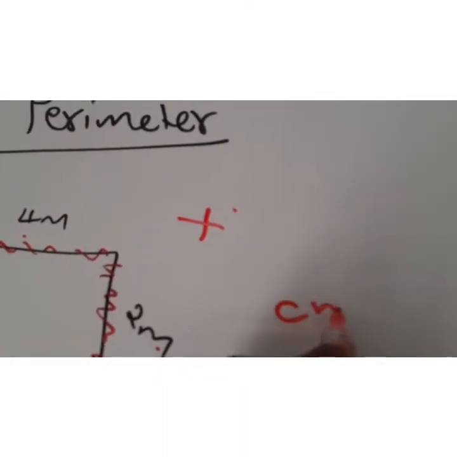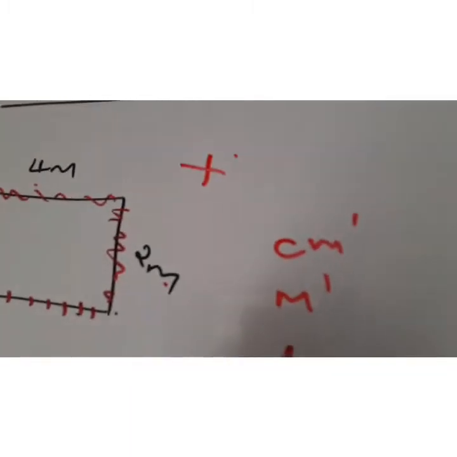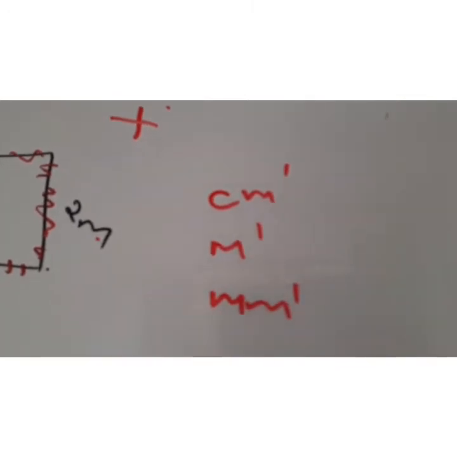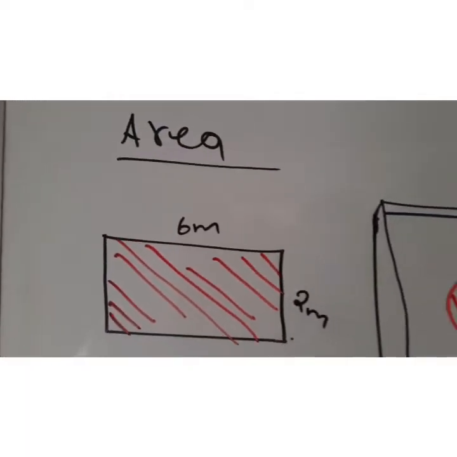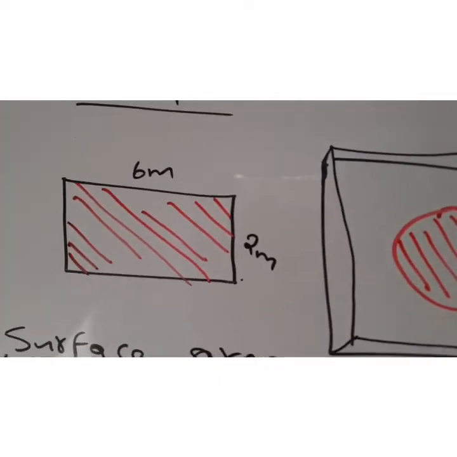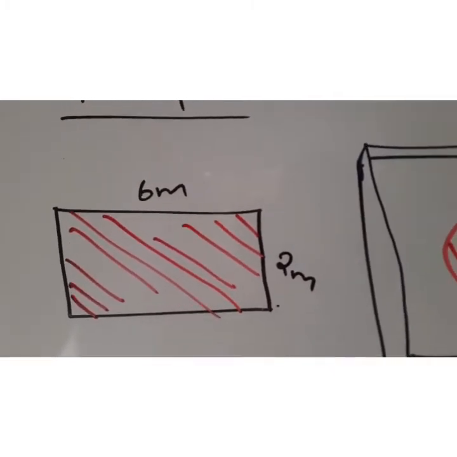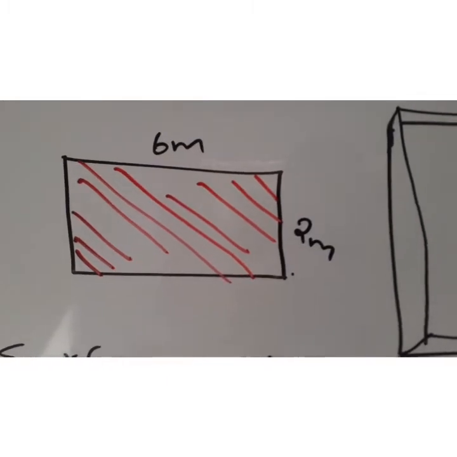If it's centimeter, it is to the power 1. If it's meters, it is to the power 1. And if it is millimeters, it is to the power 1. Therefore, you get centimeter, meter, and millimeter. Then when you're calculating area, your area will always be to the power 2, because you are multiplying 2 dimensions. Okay, you're multiplying your length and your breadth.